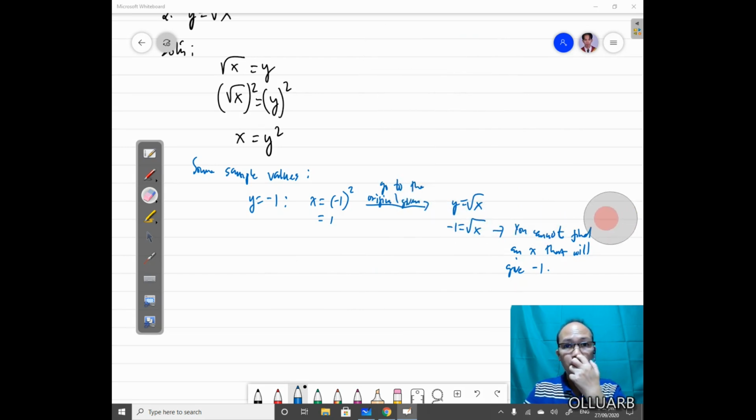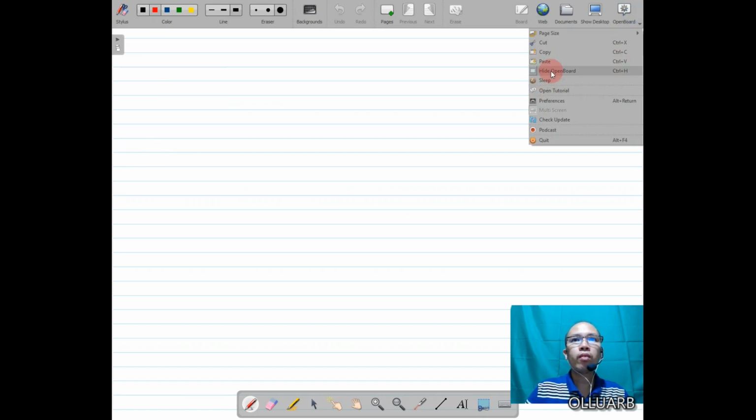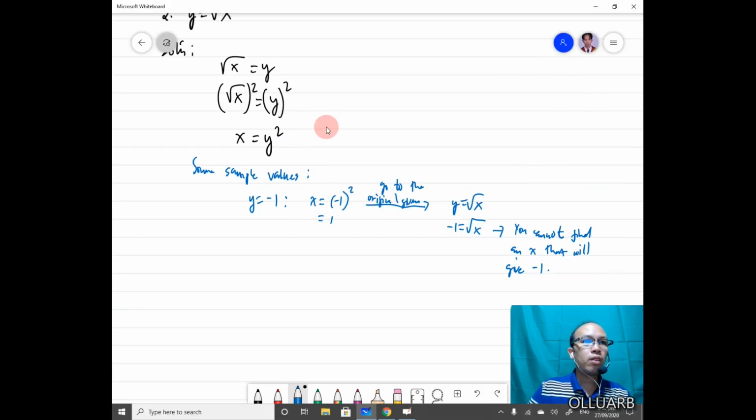From the given, you can see that the range is not actually all the values of y.